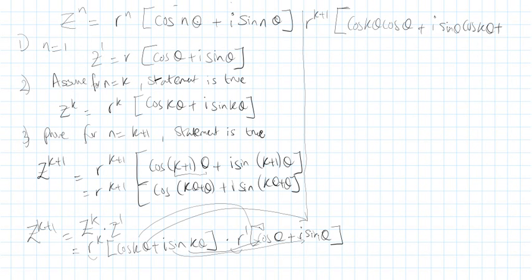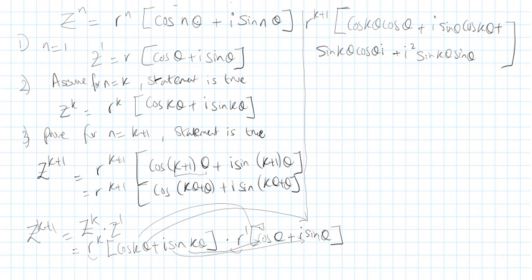That gives you sin kθ cos θ i. Then the i sin kθ gets multiplied to the i sin θ. That one gives us i² sin kθ sin θ. So we end up getting that long statement after we multiply.